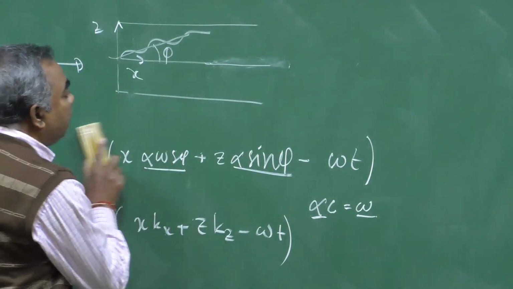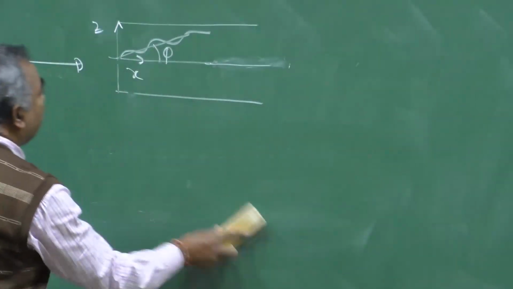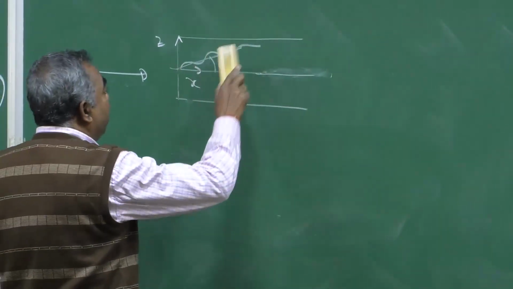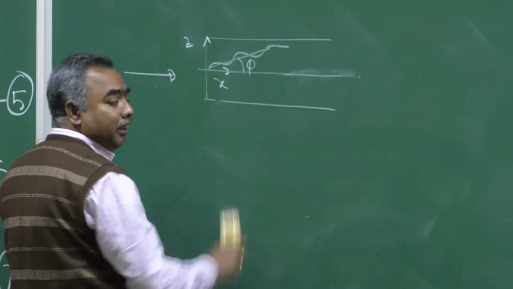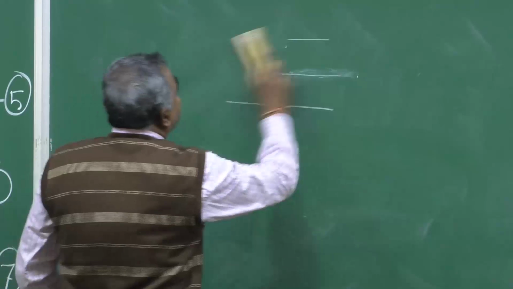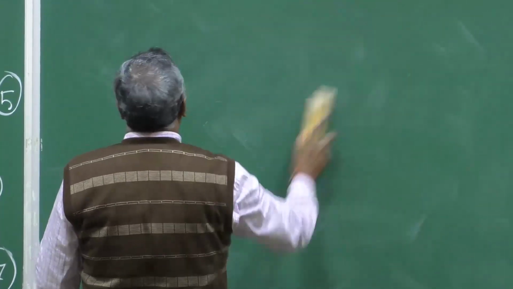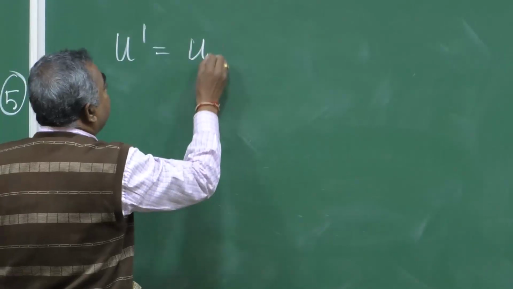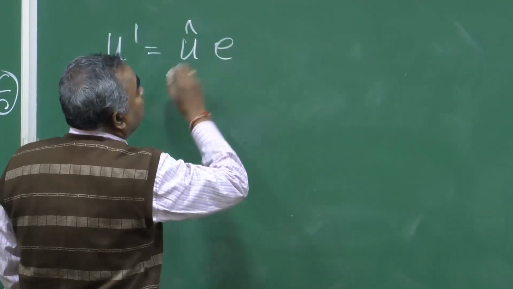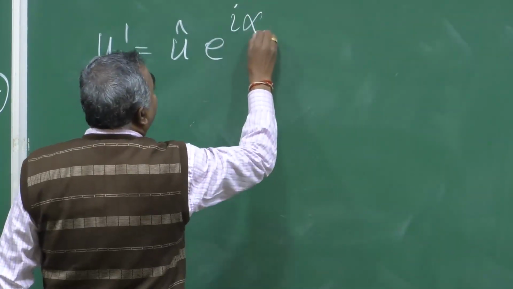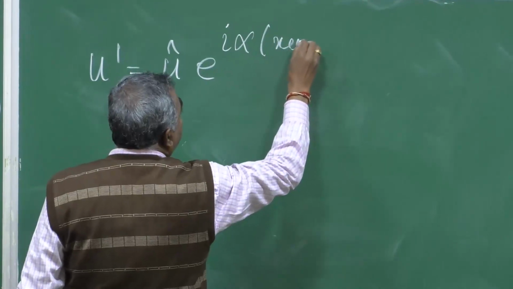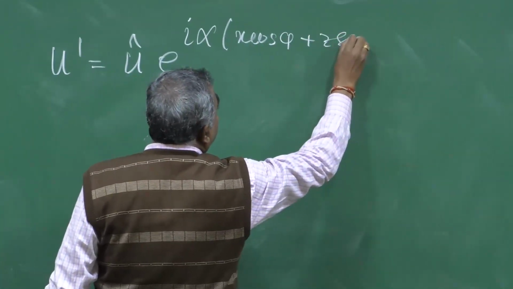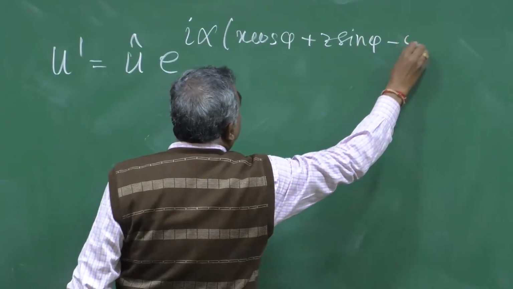So, this is nothing but to consider the most general form of the disturbance which is propagating at some particular angle with the x axis. That is why this cos phi and sin phi has been considered. Anyway, so here our u prime is basically u hat into exponential i alpha (x cos phi plus z sin phi minus c t).